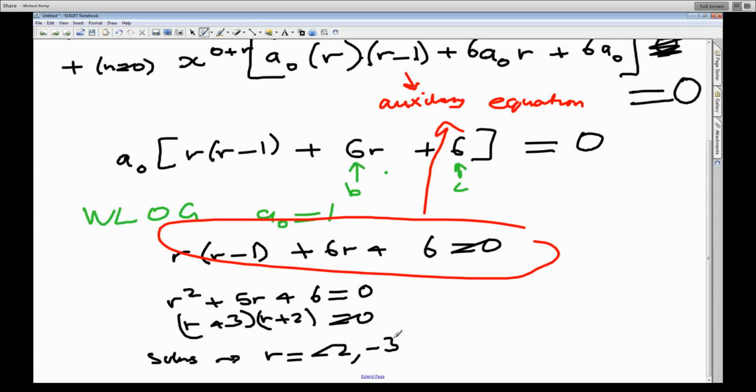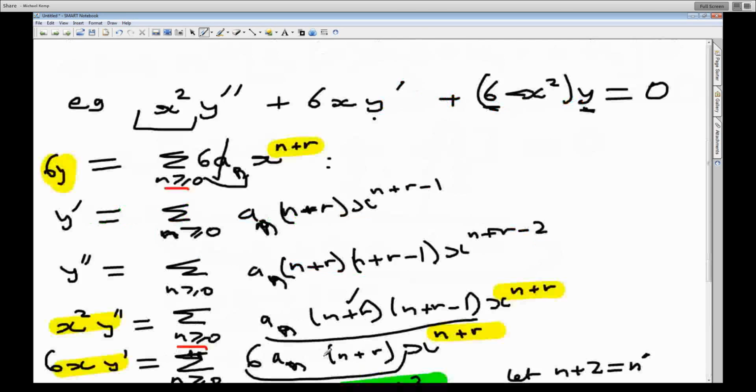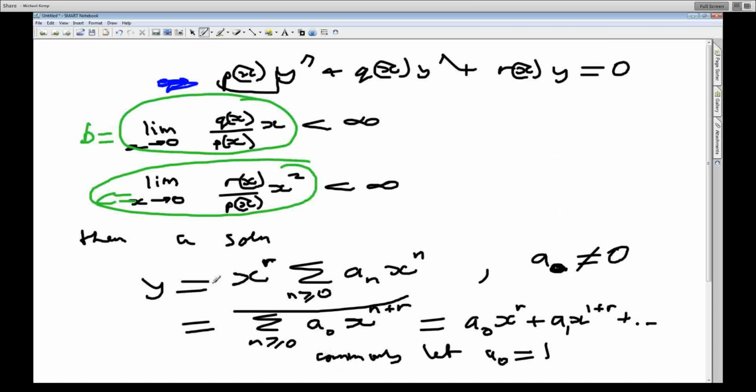So that shows you what R is, given the R values. Once you know what the R values are, you just pick one of them, one at a time, and then from that you try to work out what all the different A to the Ns are. As I said, we're trying to find this thing here. We've now found an R value, R equals say -2, for example. Now we need to find what all the A to the Ns are.